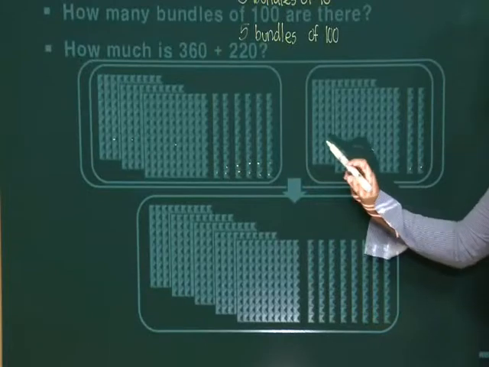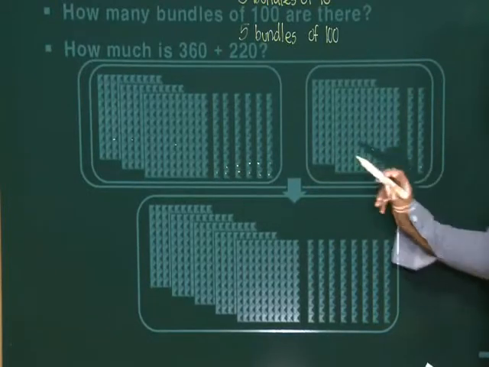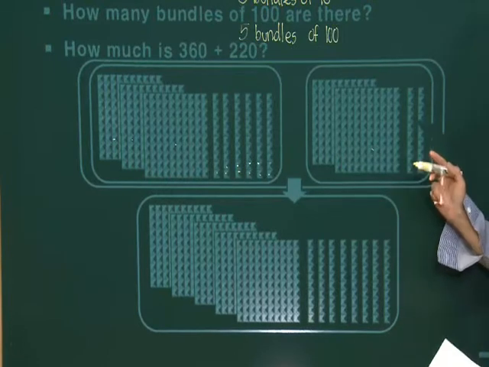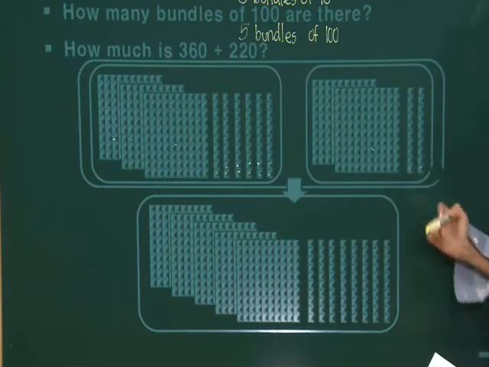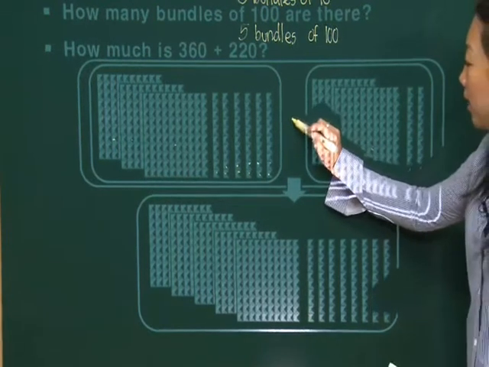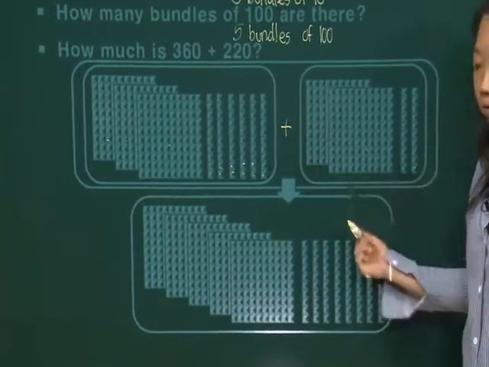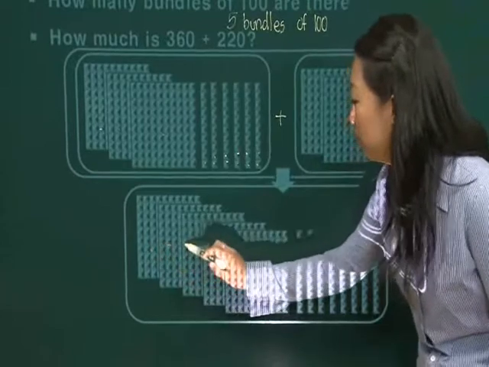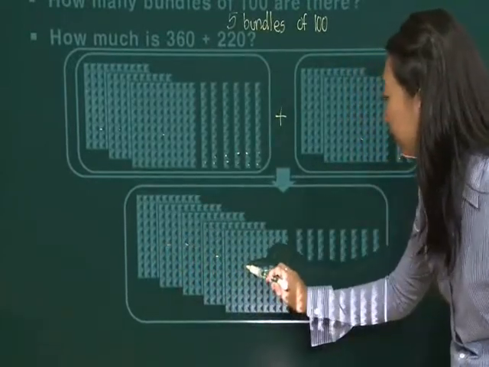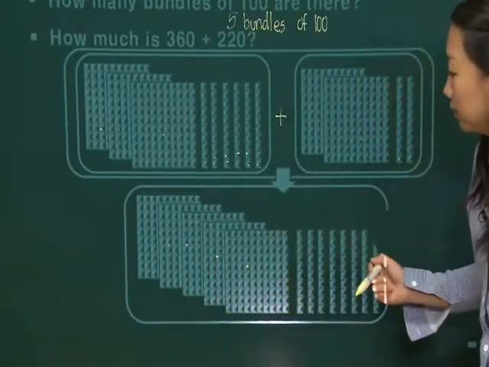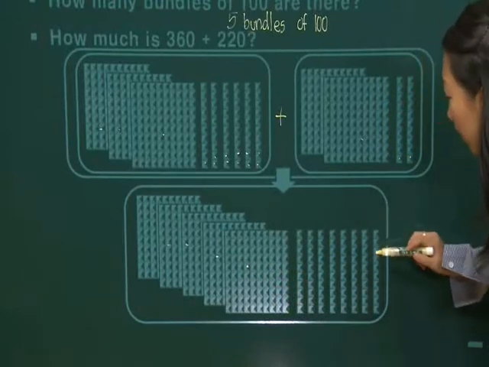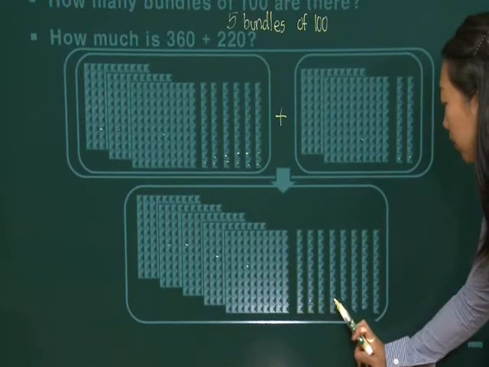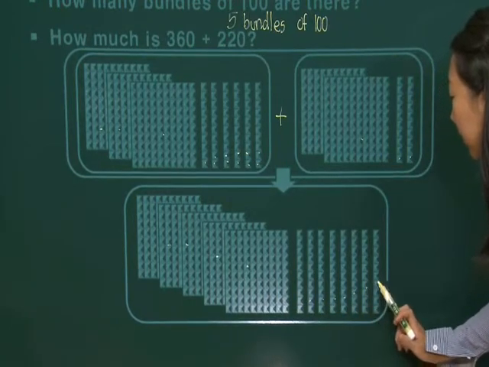And here we have 220, right? Why? Because you have 2 bundles of 100 and 2 bundles of tens. In total, that'll be 220. So we add these two. How much do we get? Let's see. We have 1, 2, 3, 4, 5 bundles of hundreds. And how many bundles of tens? Let's count. 1, 2, 3, 4, 5, 6, 7, 8.